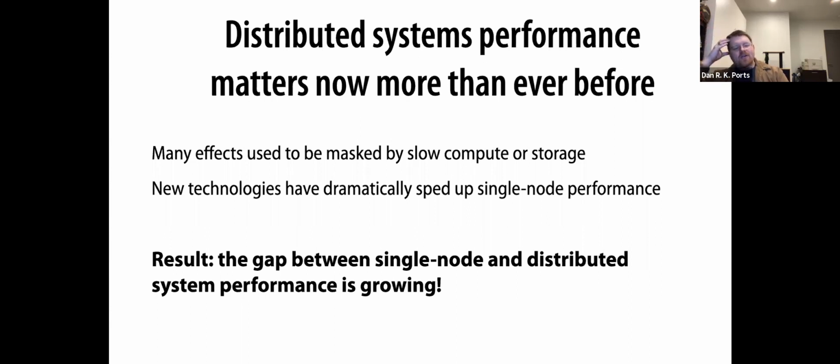We used to say, well, we can run this protocol to replicate our data, and it's sort of expensive, but that doesn't matter because we have to write data to a slow disk. And as a result of new technologies that have become available in memory, non-volatile memory, GPUs, FPGAs, programmable devices, we've sped up single node performance a lot, but the gap between single node and distributed system performance is growing.